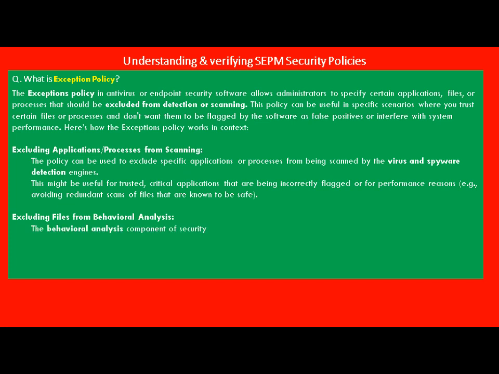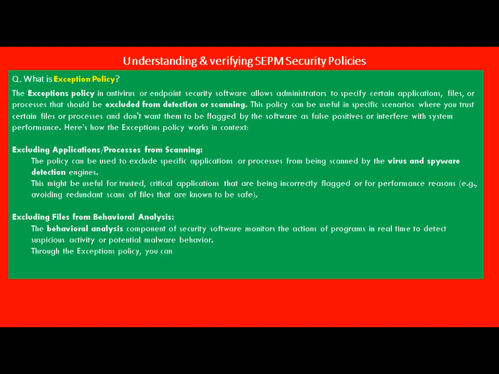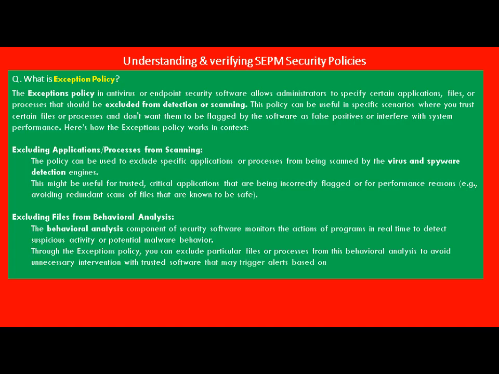The behavioral analysis component of security software monitors the actions of programs in real time to detect suspicious activity or potential malware behavior. Through the exceptions policy, you can exclude particular files or processes from this behavioral analysis to avoid unnecessary intervention with trusted software that may trigger alerts based on its legitimate behavior.